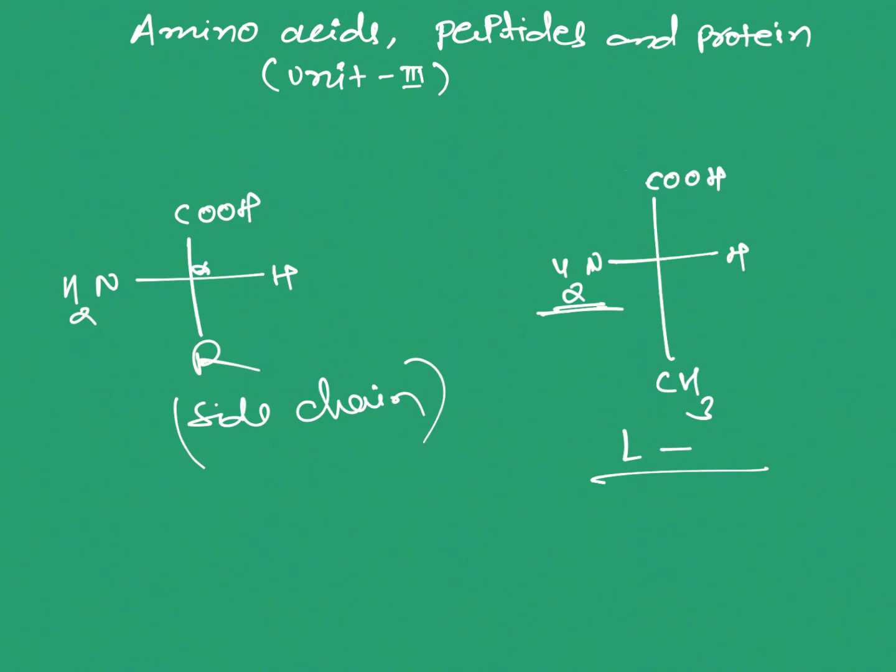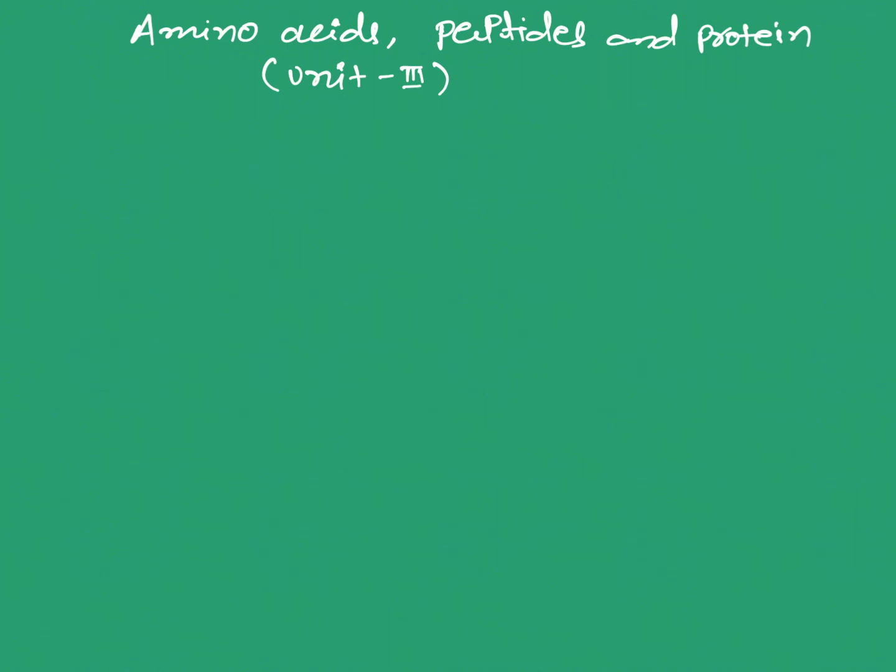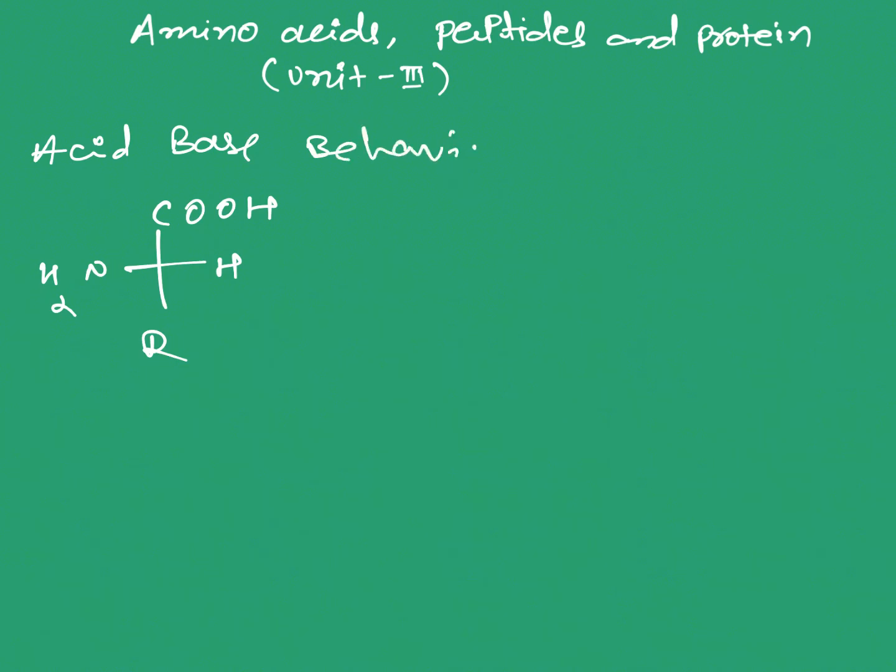Let's move on to the acid base behavior of amino acids. Let's take a general amino acid, COOH, H and NH2. Here NH2 group is a proton acceptor and COOH group is a proton donor.